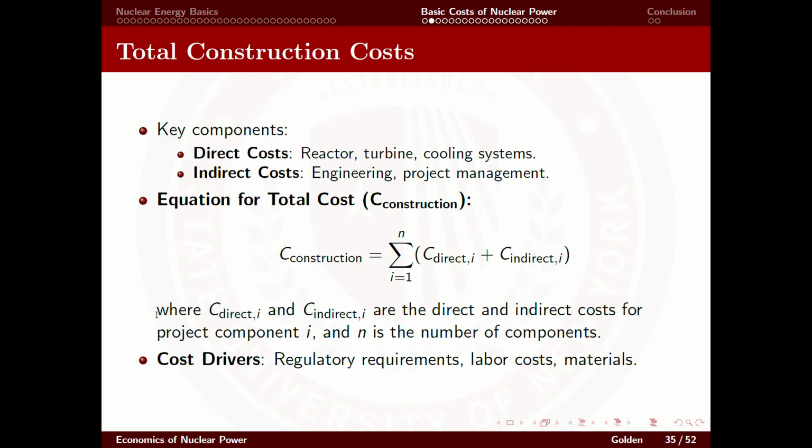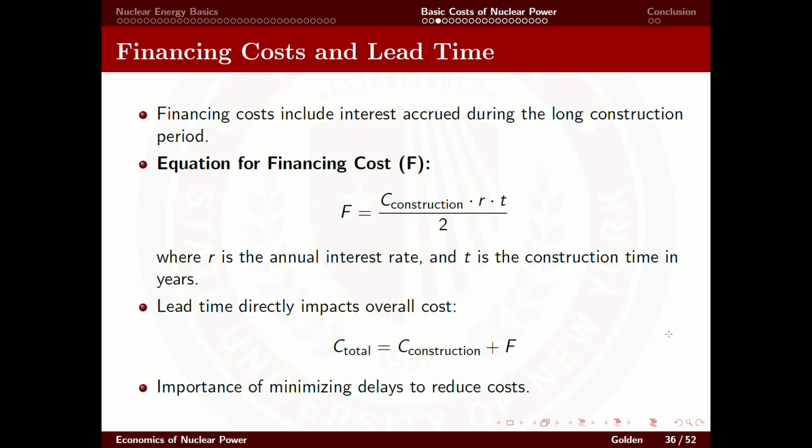Those are the product component. These are the direct and indirect costs for each component, and N is the number of components. And then the biggest drivers are regulatory requirements, labor costs, and materials. Regulatory compliance is a big part of what makes it so costly to have nuclear in place.